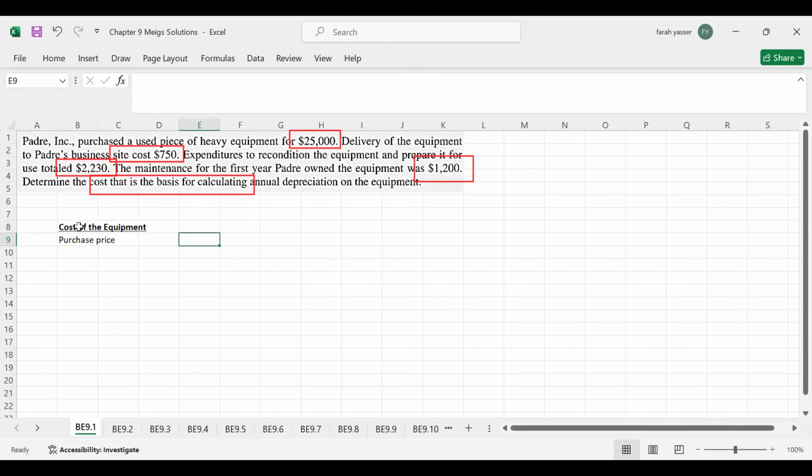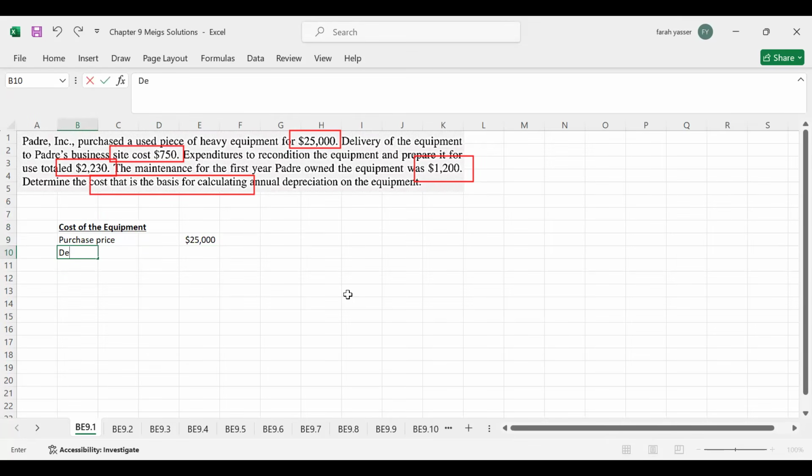So invoice price or purchase price is 25,000. Then the next one is delivery cost. It is also a necessary and reasonable expense to bring the asset to the destination or the factory. So this should be part of capital expenditure.